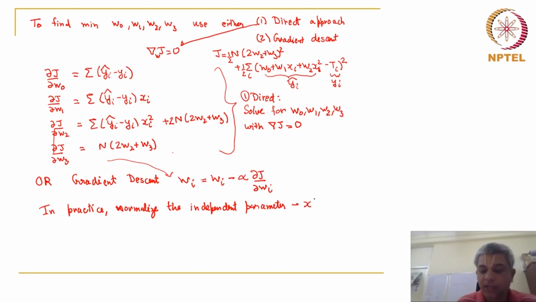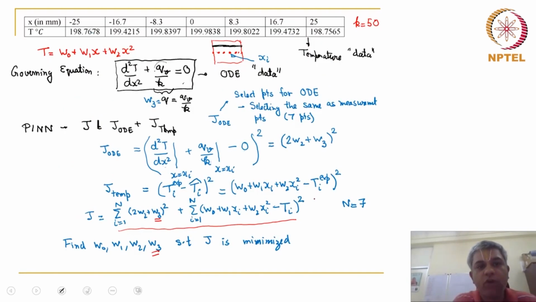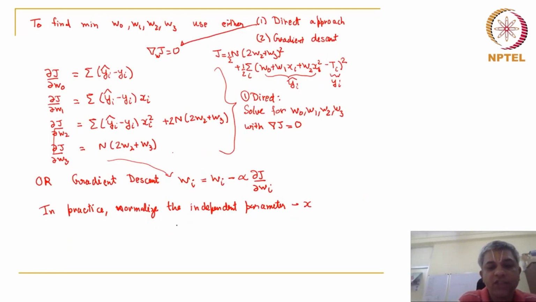When I say normalize, what I mean is instead of it going from minus 25 to 25, I will say that it goes from 0 to 1. So let's call this x prime. Remember x goes from minus 0.025 to plus 0.025, whereas x prime will go from 0 to 1.